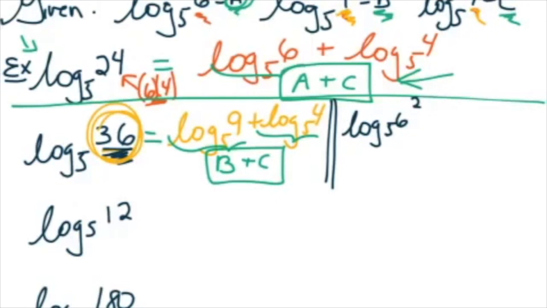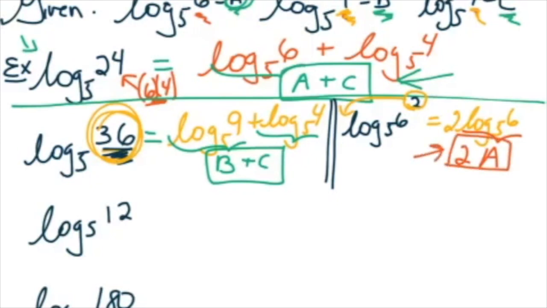But we also learned that there's a power property here, that this 2 is actually the coefficient of log of 6 base 5. That 2 could actually flip out here. So the log of 6 base 5 was given to be a, and then my 2 just trickles on down. So 2a is also the log of 36 base 5.